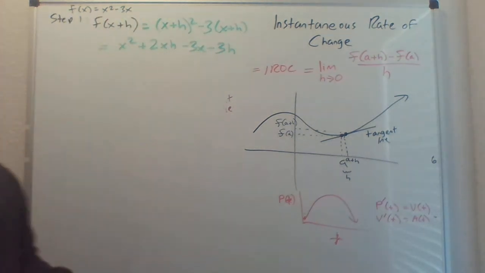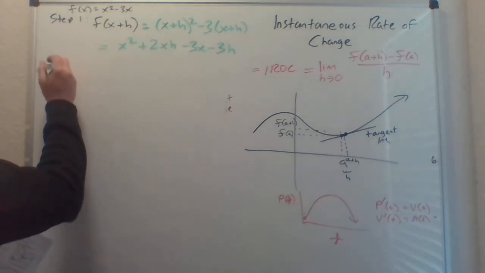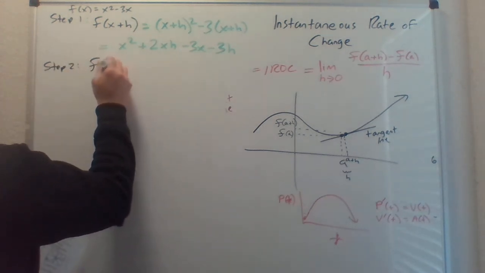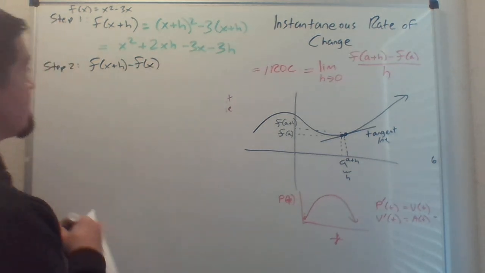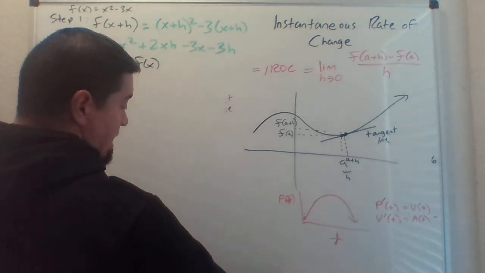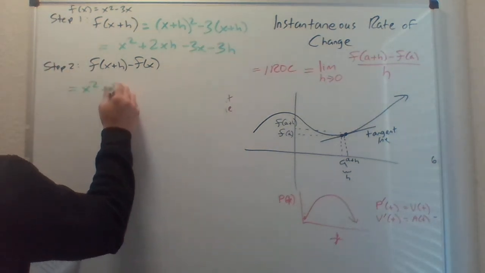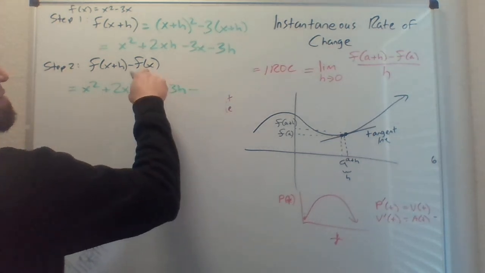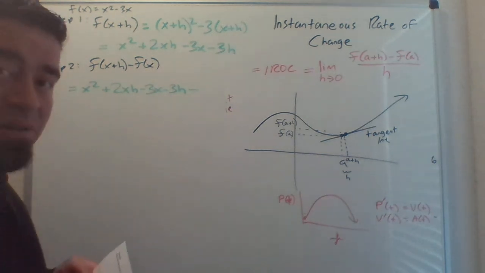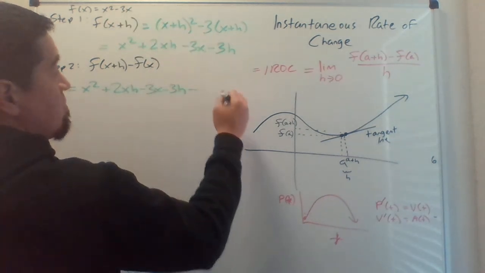Now on to step 2, which is to do f of x plus h minus f of x. We already did this part, so we're just going to copy that, which is x squared plus 2xh minus 3x minus 3h minus f of x. Now, you want to be careful here. Don't put minus x squared without parentheses.